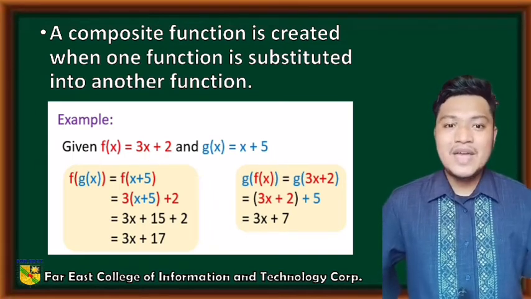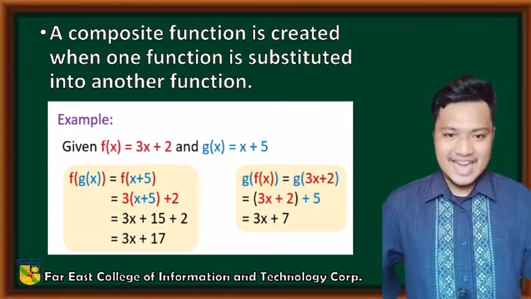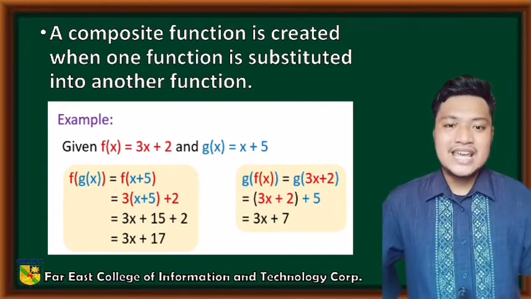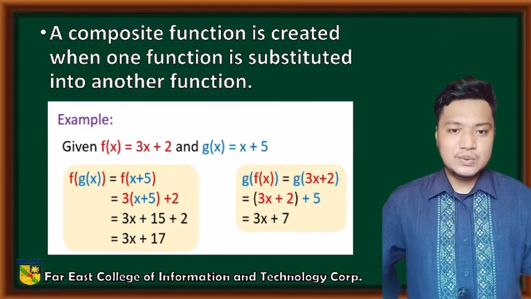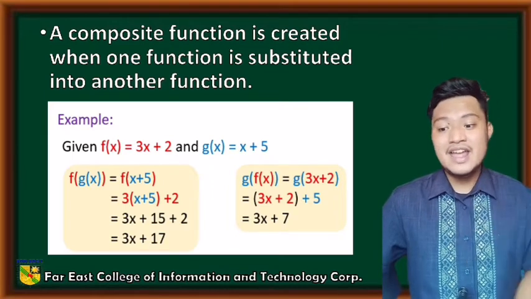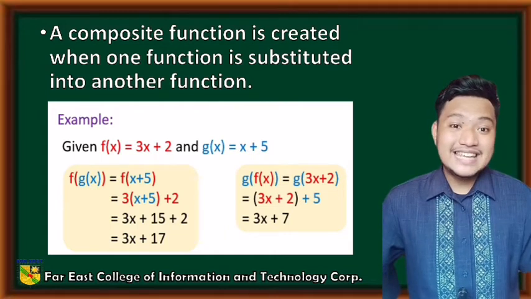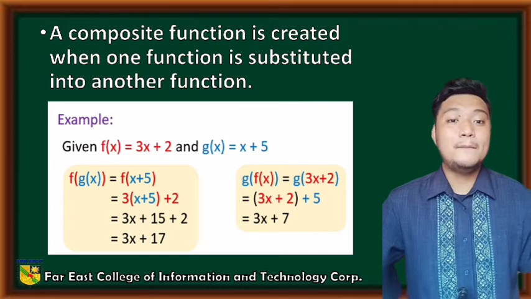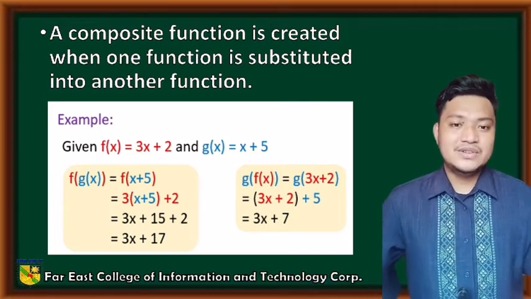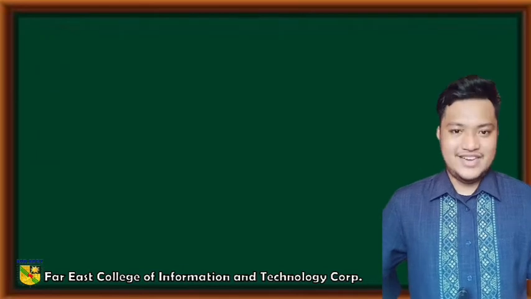This time, the first function serves as the value of x and the second function serves as the equation. So it's equal to 3x plus 2, the value of x there, plus 5. Combine the like terms. The like terms there are positive 2 and positive 5. So the answer is 3x plus 7.